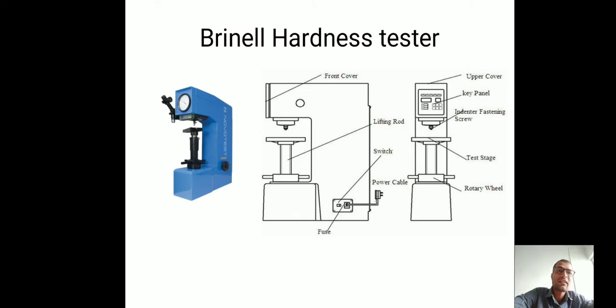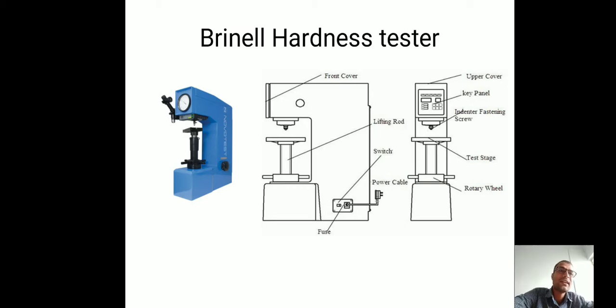The Brinell hardness tester consists of a front cover, on which the key panel is there. Watch picture number 2 and 3. First watch picture number 2. It consists of a front cover, then lifting rod, switch, power supply, then fuse.